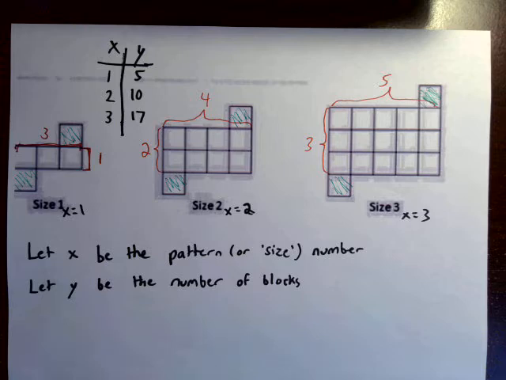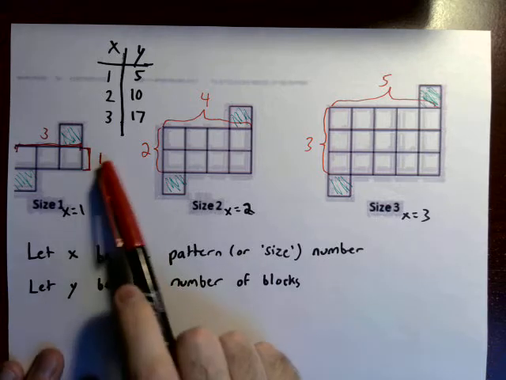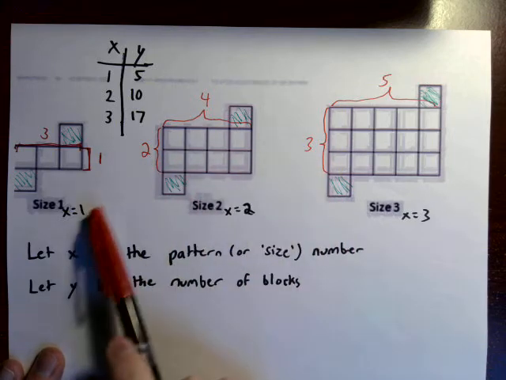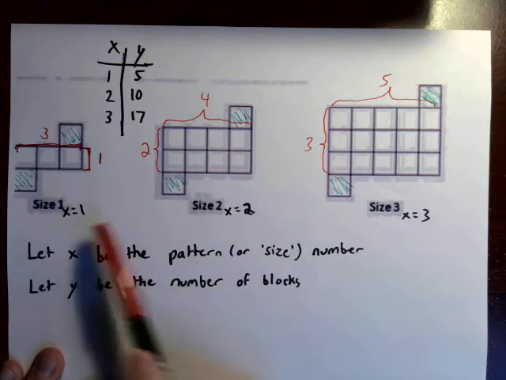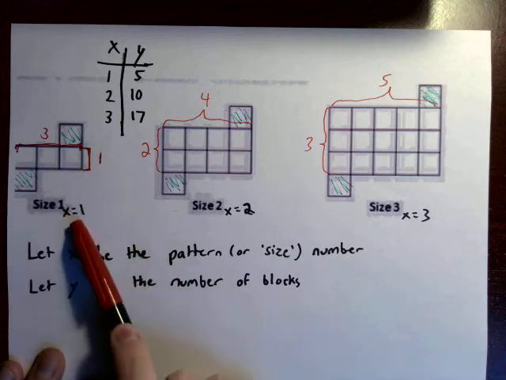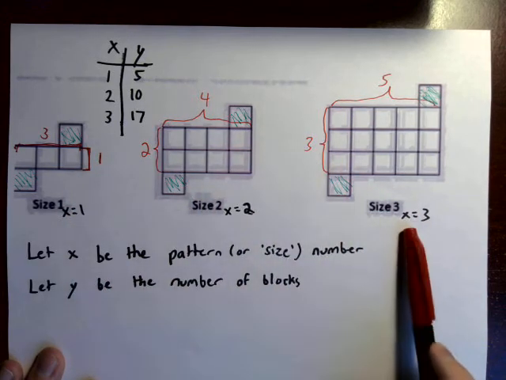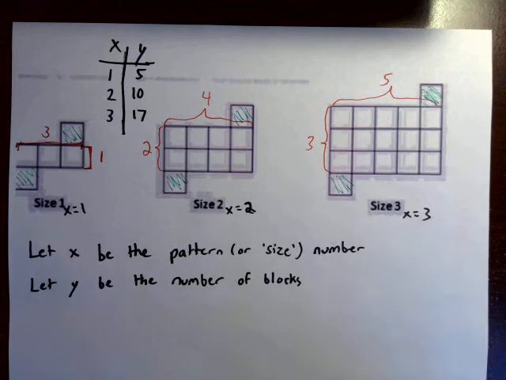So then something that should emerge right away is that one of the side lengths in the rectangle equals the pattern number. So here's 1 and there's 1, 2 and 2, 3 and 3. So that's something.